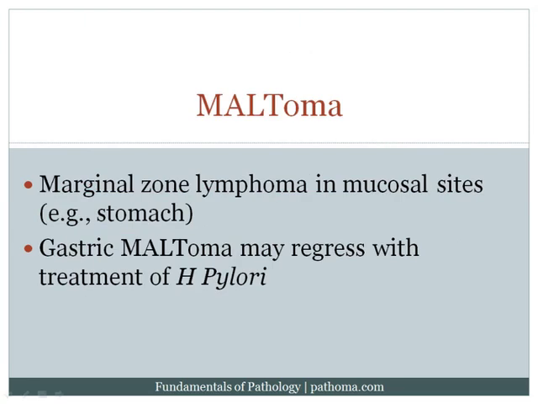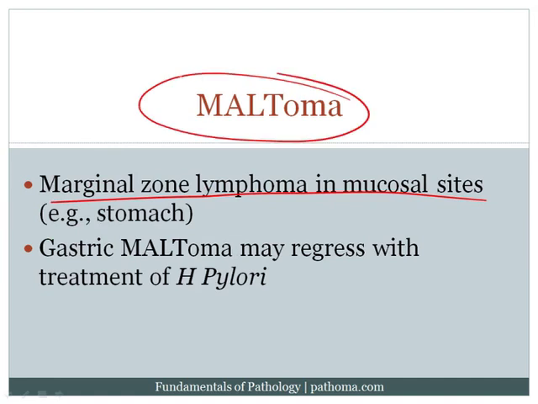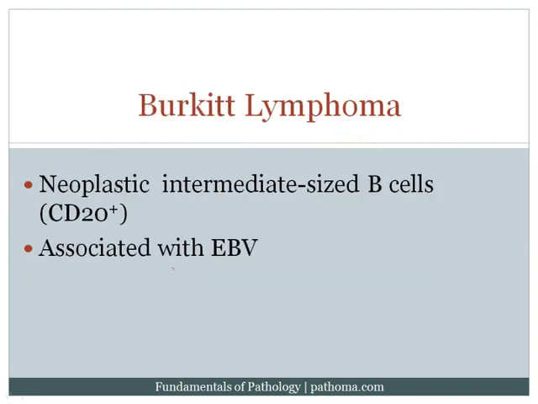Now in H. pylori gastritis, what happens is that you get a marginal zone lymphoma in mucosal sites, and that's also called a maltoma. And again, the gastric maltoma in the mucosa of the stomach can possibly regress if the H. pylori is treated. And so maltoma, mucosa-associated lymphoid tissue oma, mass, is one of the subtypes of marginal zone lymphoma.